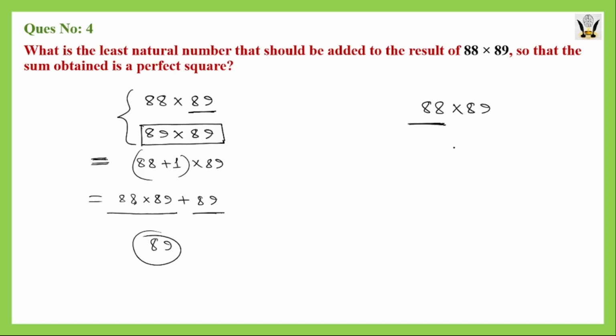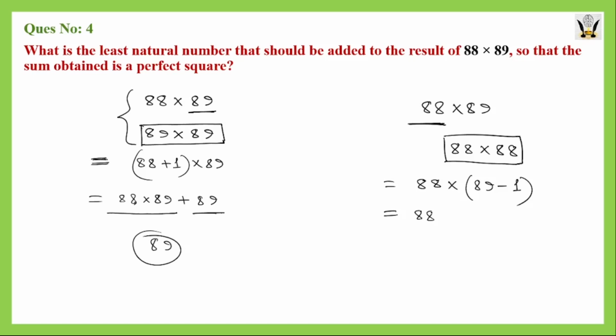So this time the square value will be basically 88 multiplied by 88, a square of 88. And then this 88 will be written in this term 89 minus 1, which is actually 88. So this will be written as 88 multiplied by 89 and then minus 88 multiplied by 1, that means minus 88.